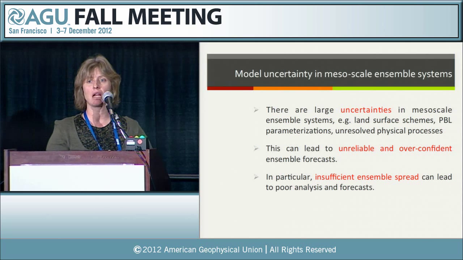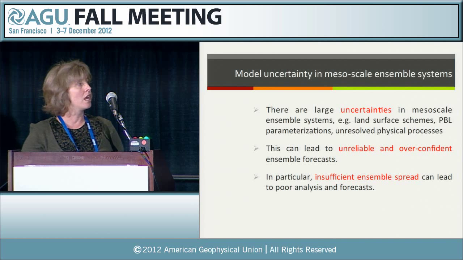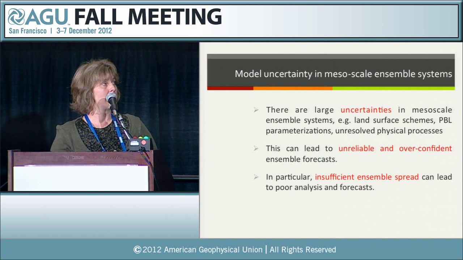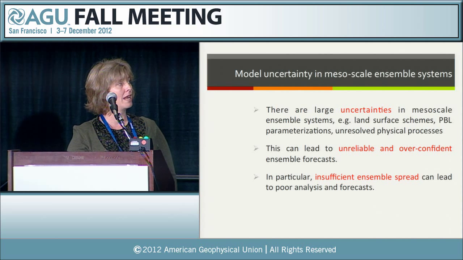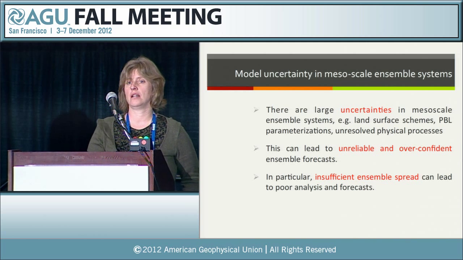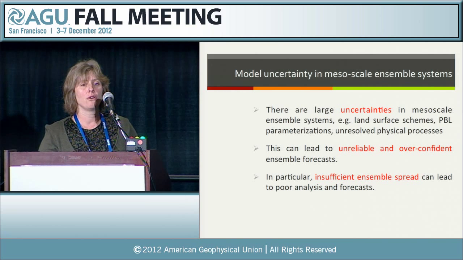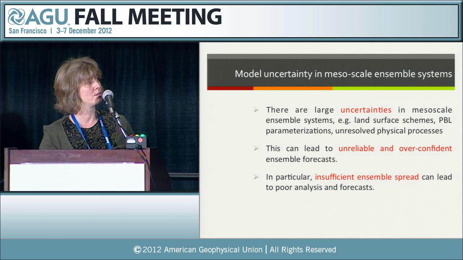Why do we need model uncertainty representations in mesoscale ensemble systems? There are large uncertainties in mesoscale ensemble systems, for example, land surface schemes, boundary layer parameterizations, and altogether unresolved processes below the truncation level of the model, of the resolution.